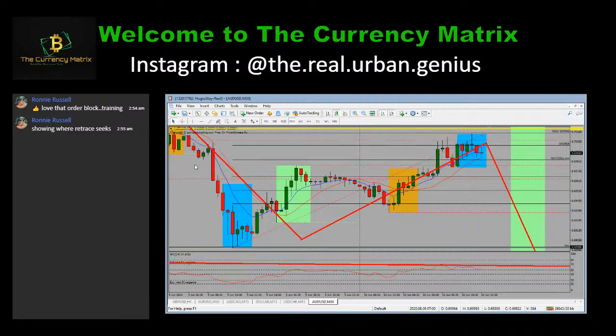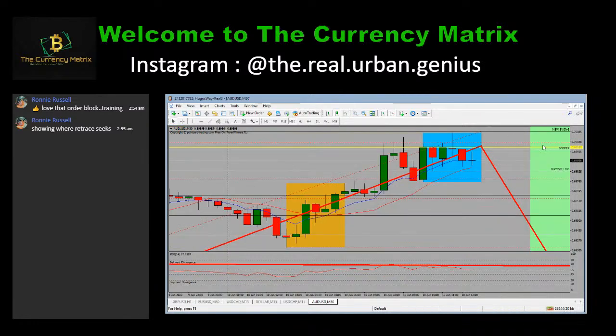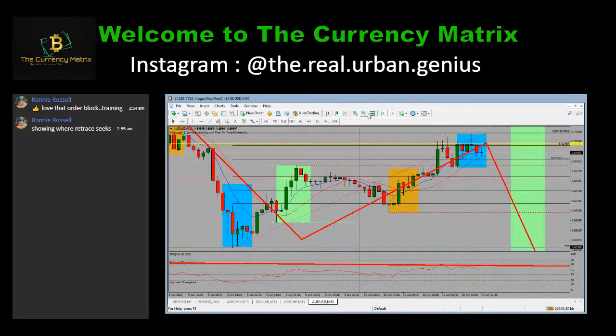What I mean by that, to be exact, is that price went above yesterday's order block, but there's not one candle close up there. That means price attempted, but price was not accepted. That makes sense. And that is the high of the day. That is the high of the day trap.